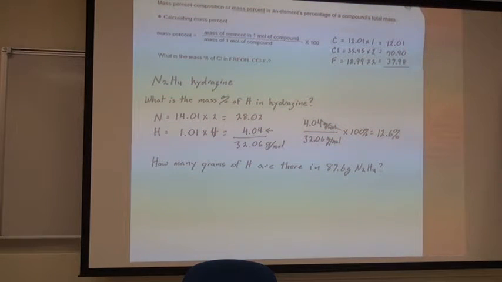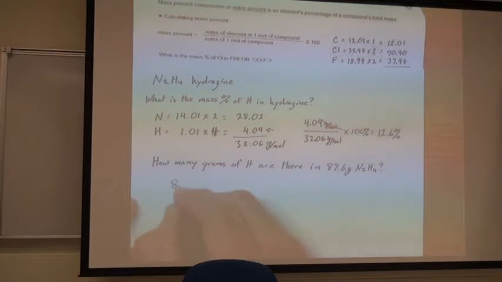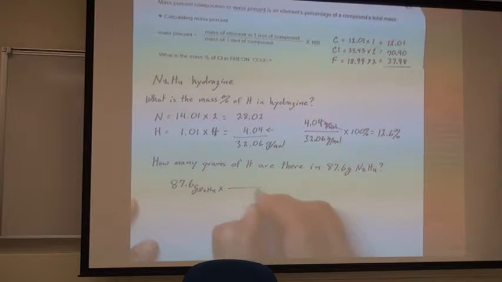Okay, so how do we use it in a situation like this? Well, it's a percentage, right? So a percentage is per what? Per 100. So what we do is this. We say 87.6 grams of N2H4 times 12.6 grams of hydrogen per what? 100 grams of N2H4.